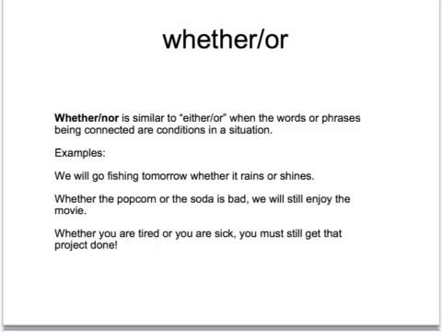Whether or is another correlative conjunction, and in this case it's used to show different conditions in a sentence and how they're connected. So if you look at the first example, we will go fishing tomorrow. That's the main part of the sentence, and then you're giving the condition. Whether it rains or shines.